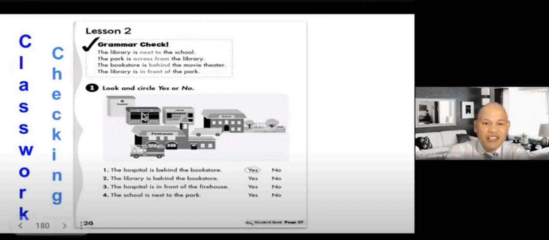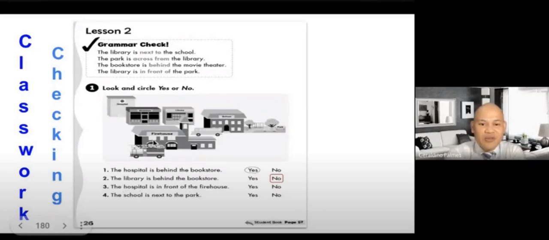Hospital, bookstore, library, school, park, firehouse. The hospital is behind the bookstore. Yeah, that's correct. Yes for that. The library is behind the bookstore. Library, bookstore. No, it's a no. Next to. We know it's if you can see it, it's next to each other. What about the hospital is in front of the firehouse?